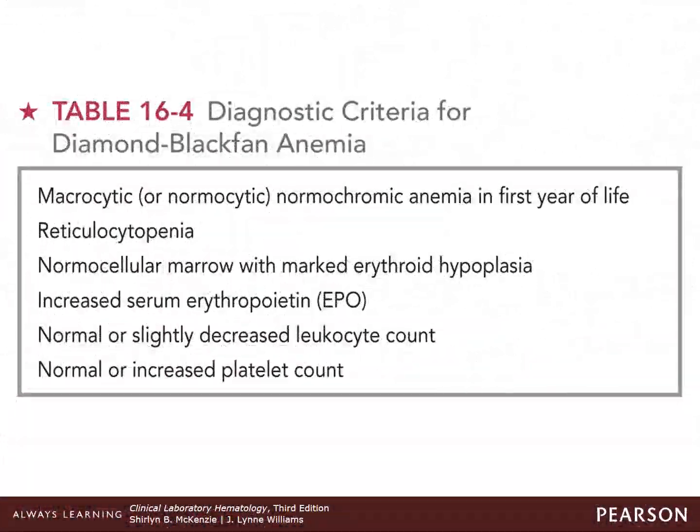Diagnostic criteria for Diamond-Blackfan is a macrocytic or normocytic normochromic anemia in the first year of life, reticulocytopenia, normocellular marrow with marked erythroid hypoplasia, meaning that only the red cells will be decreased within the bone marrow. EPO will be increased, and you might have a normal to slightly decreased leukocyte count and a normal to slightly increased platelet count.